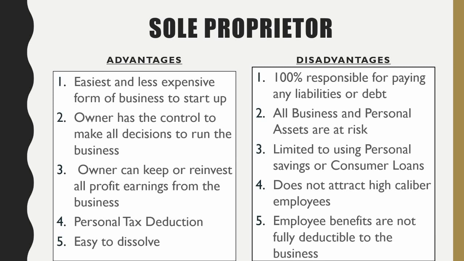All right, and that's actually a really good advantage, because if your small company, not large enough to be a corporation, but if it's a really good profitable company, you can take a huge deduction from your taxes. So you don't have to pay as much taxes as you would if you didn't own a company.